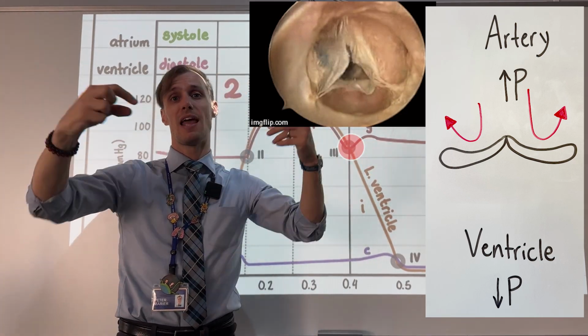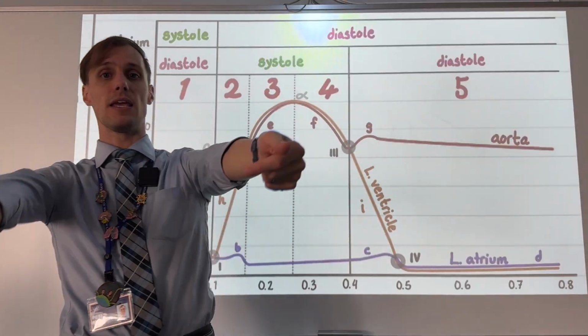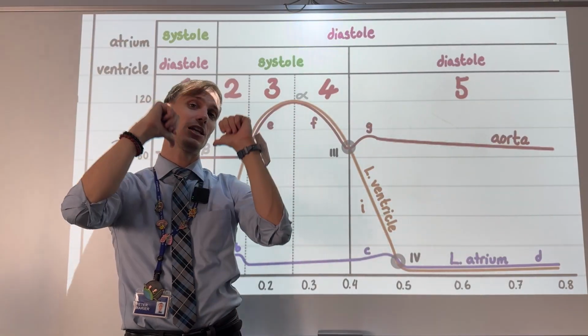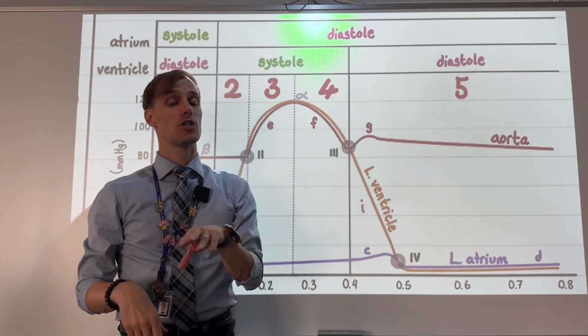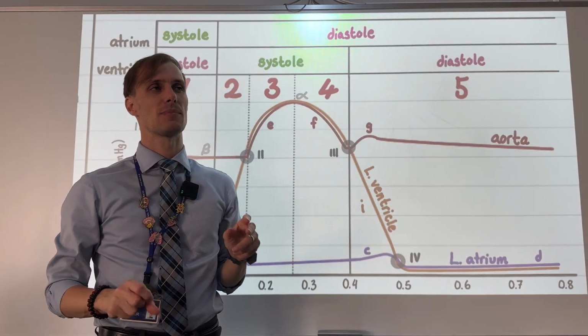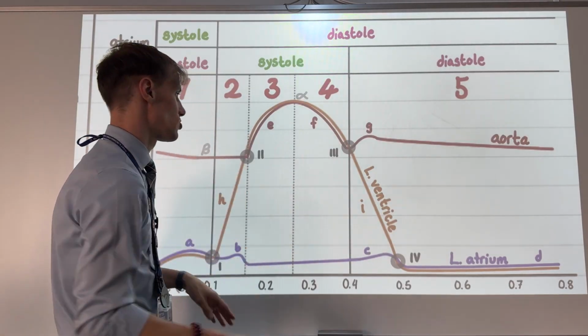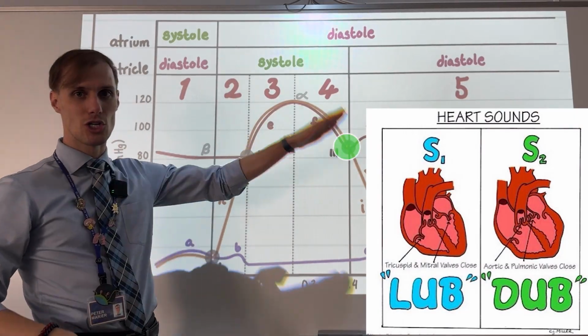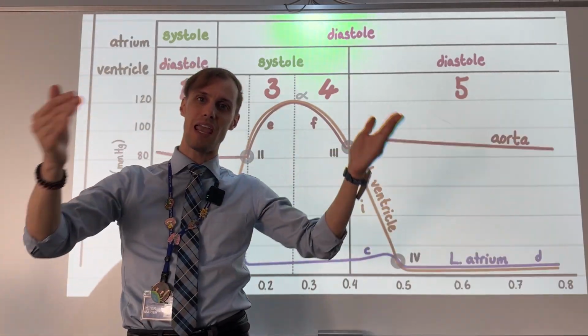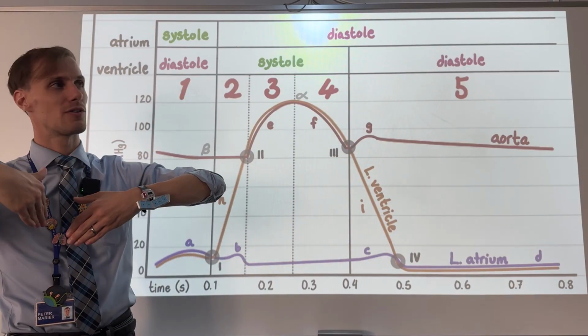And that's to prevent any backflow of blood in the aorta back into the ventricle. That second closure is actually the second heart sound, and that's sometimes referred to as the dub. So you have slamming shut lub and slamming shut dub. So the closing of the AV valves and the closing of the semilunar valves.